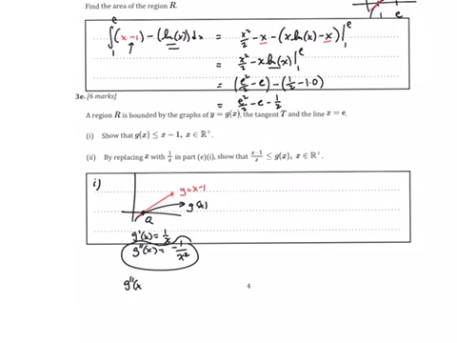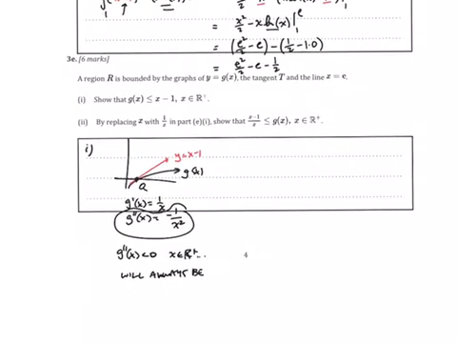Since g double prime of x is less than 0 for all x in the positive real numbers, it will be concave down and therefore will always be less than our tangent line. Therefore, g of x will be less than or equal to x minus 1 for positive real x.